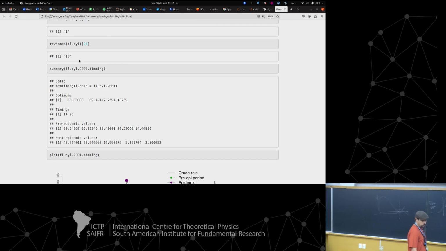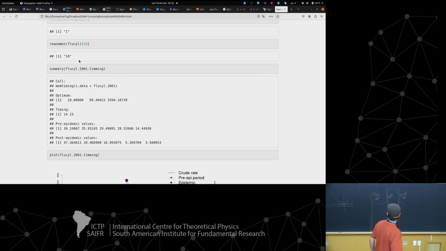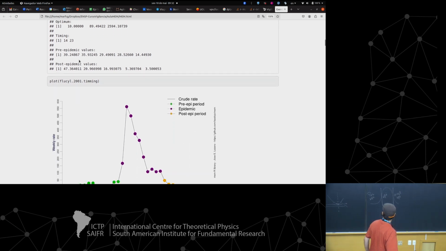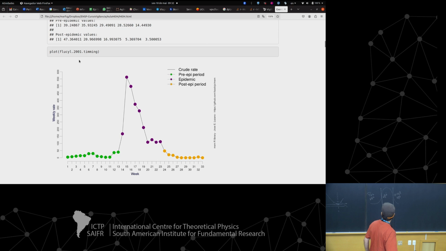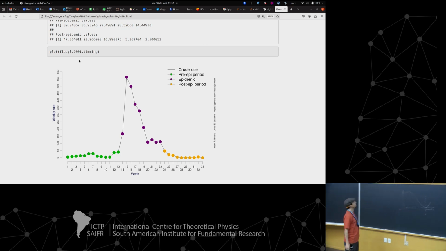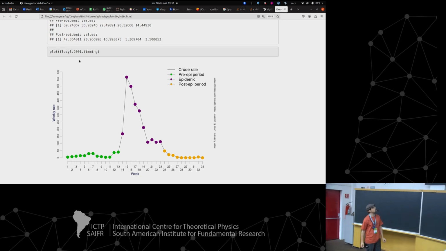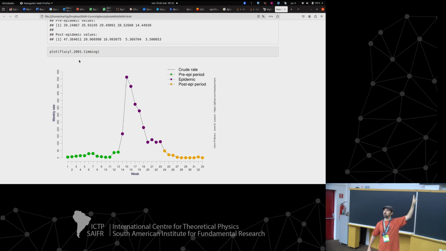This object is already one of those smart R objects, an S3 object. If we apply the function plot to this particular object, it already has encoded a specific way to plot the values associated with it, which is this one. So we don't have to worry about structuring our plot unless we don't like that visualization.